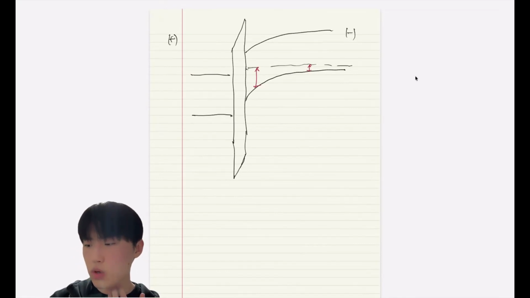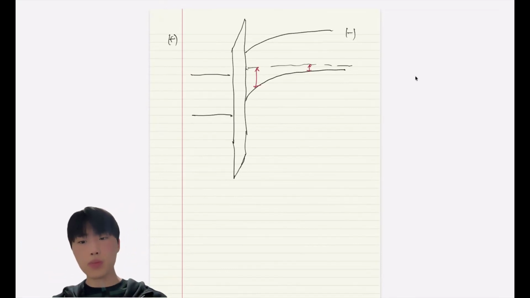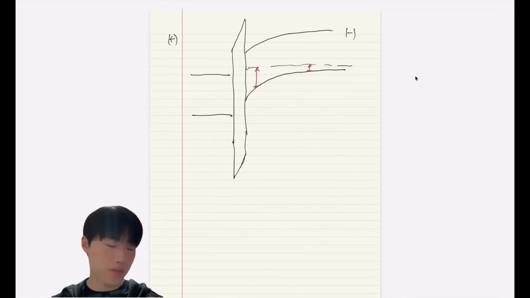So actually we use a p-type semiconductor for the substrate, so the whole body has the Fermi level closer to the valence band, because it is a p-type semiconductor.